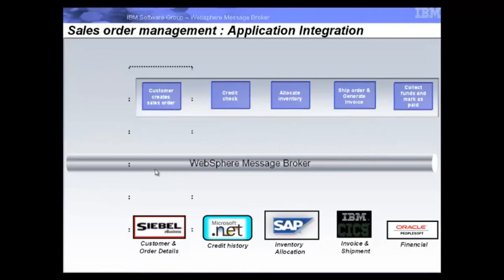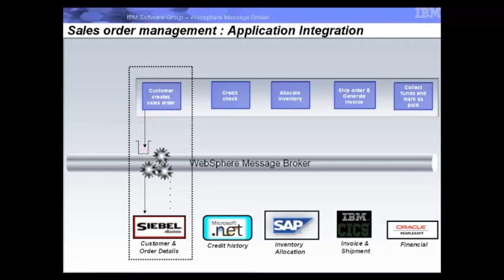In this scenario, the Create Sales Order application needs to connect to the Siebel system to create a new sales order. We shall now see how easily you can connect to an ERP system such as Siebel using Message Broker to implement this integration.